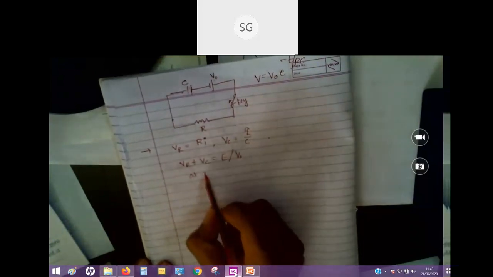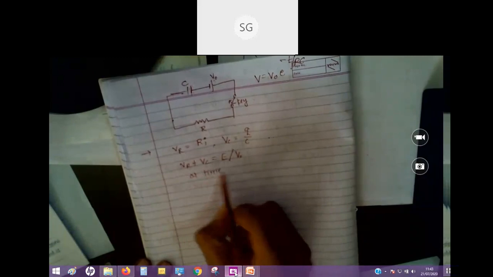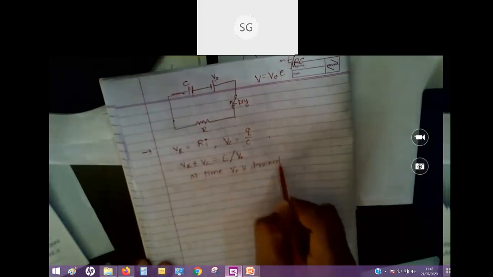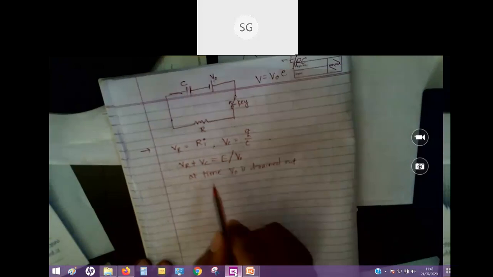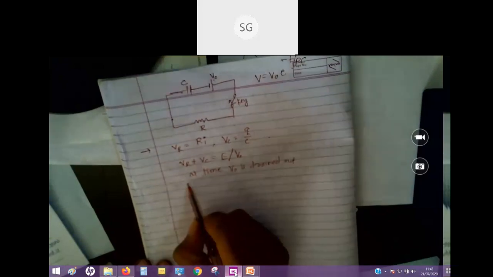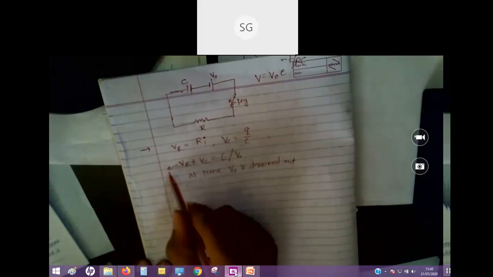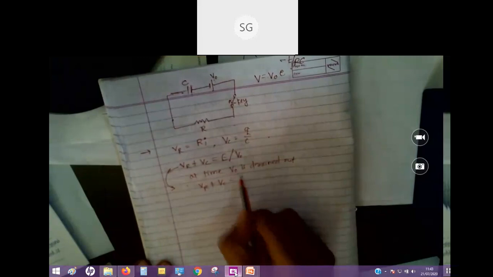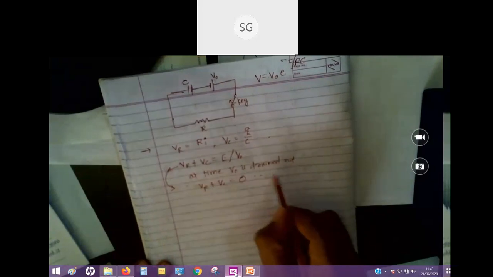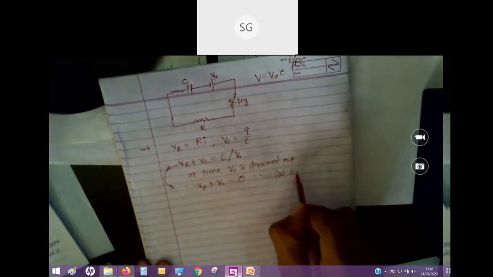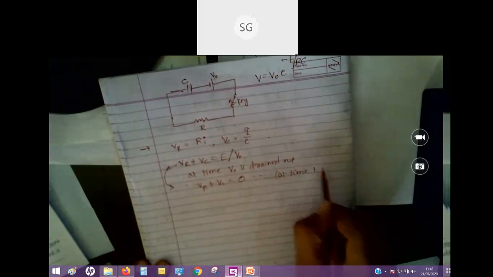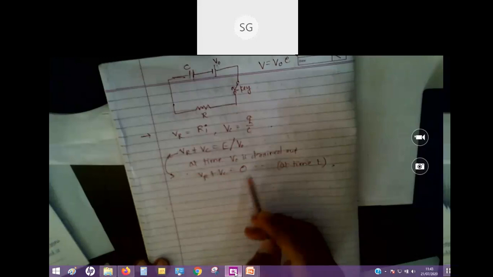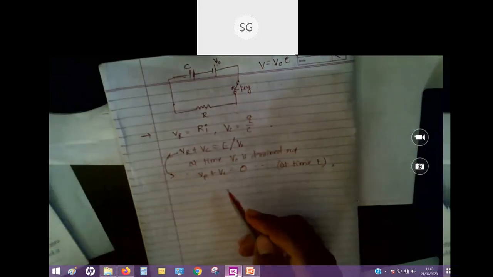But since at time t V naught is drained out, its energy is 0, and hence instead of this KVL equation we will write VR plus VC equal to 0 at time t, because of the condition they have told us.